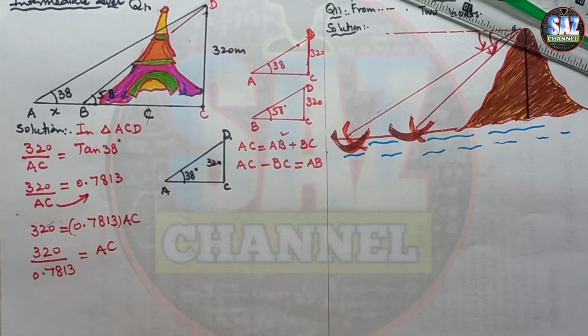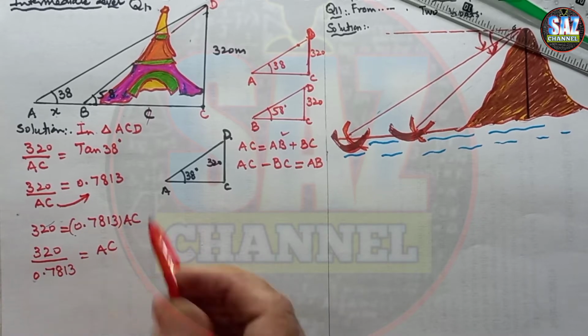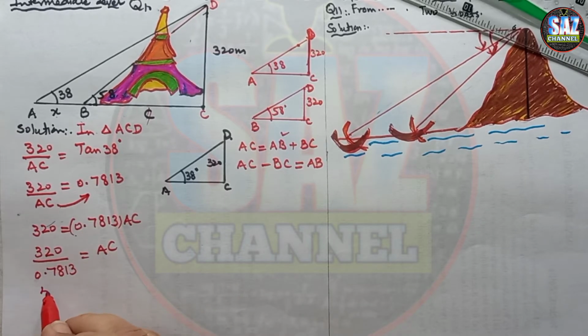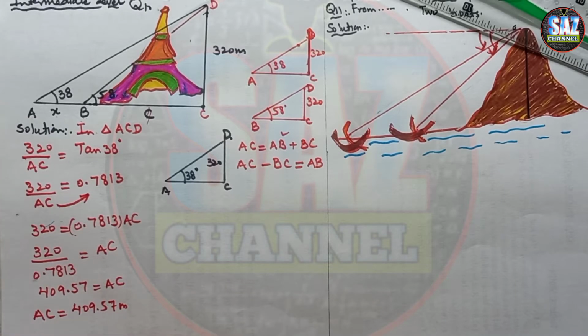Now divide 320 by 0.7813, and AC is 409.57 meters. The total base AC is 409.57 meters, and let me block this answer.